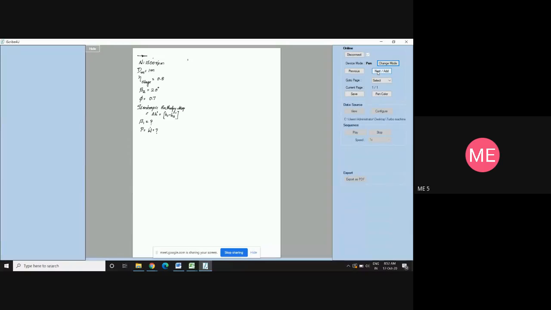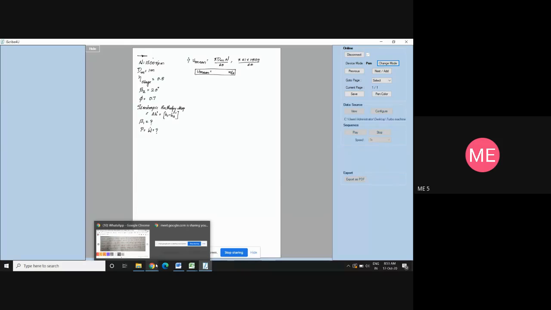First step should be finding U mean. Formula is pi D mean N by 60. So pi into 1 meter into 1500 divided by 60. So what is U mean, in meters per second? Suman Xavier, can you tell what is the answer for U mean? Hello. What is U mean?